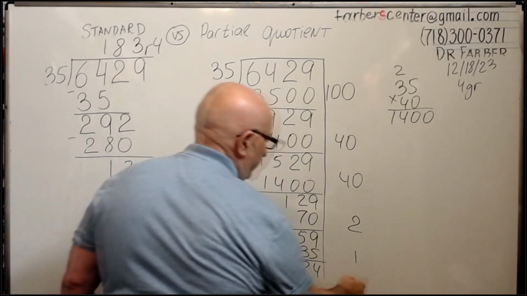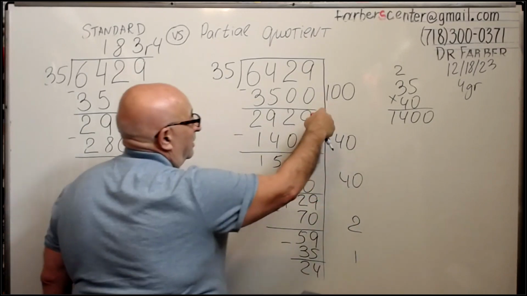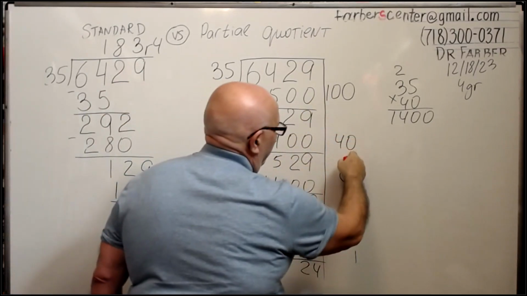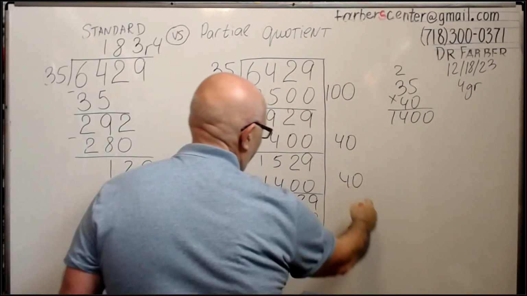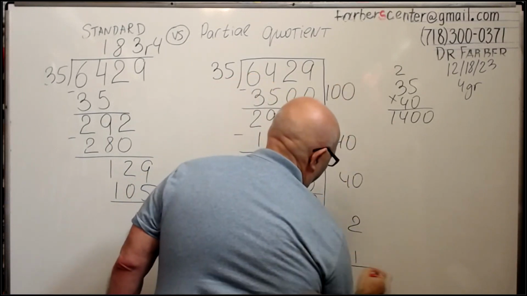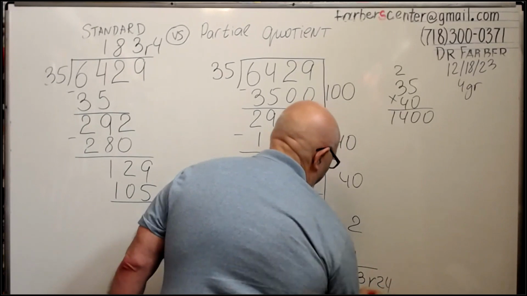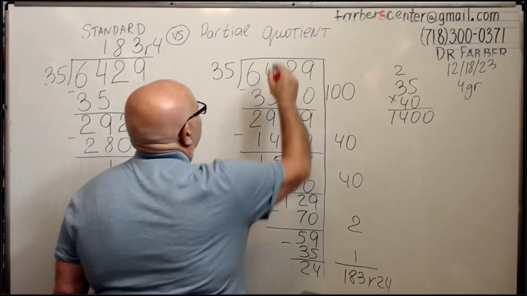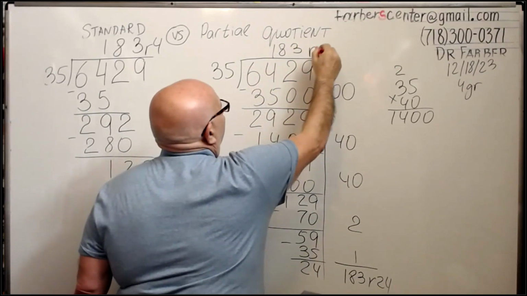Now, I see that you cannot see over there, so I will add them up. Look at this: 100 plus 40 is 140, plus 40 is 180, plus 2 plus 1. It will be right over there, 183, remainder 24. Since you don't see this over there, maybe I write here 183, remainder 24.